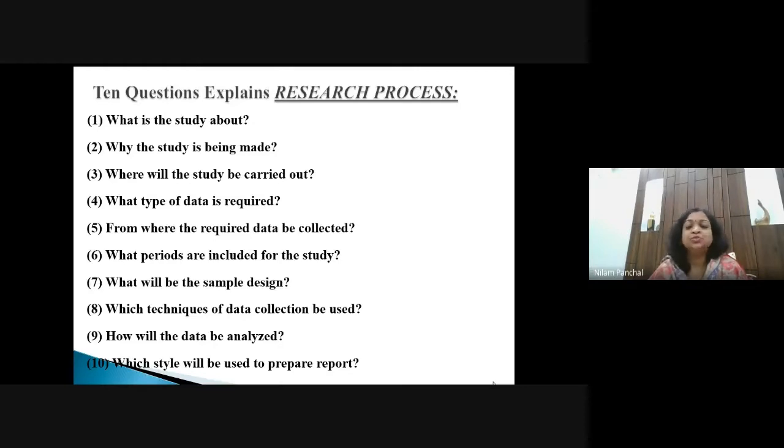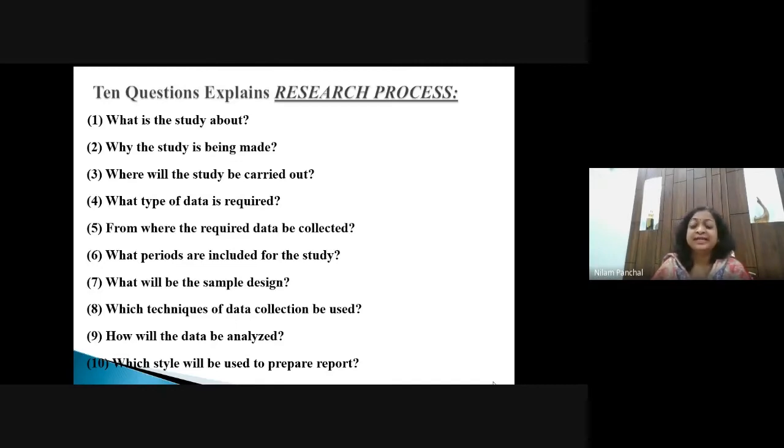Also, you need to look into what would be the sample design. Friends, this is also very, very important. You need to look into how would be the sample, what would be the representative of the population, whether the sample represents the population, and importantly, how would you design the methodology to collect the sample, and what would be designed in general.